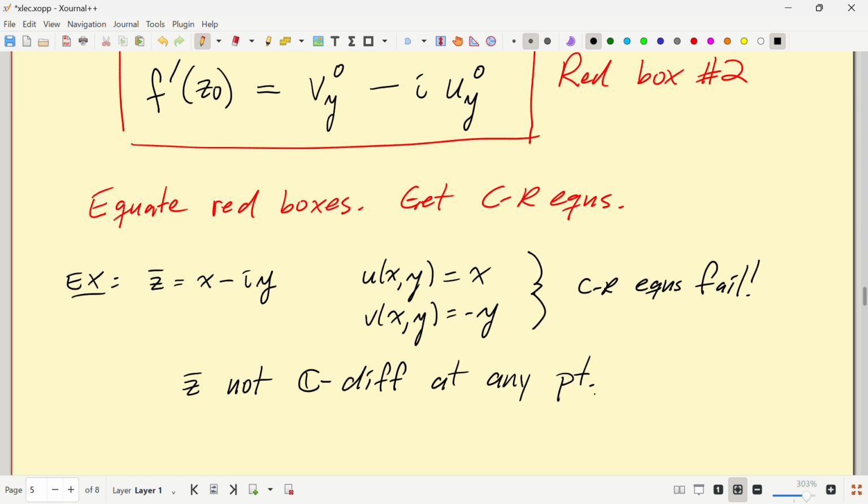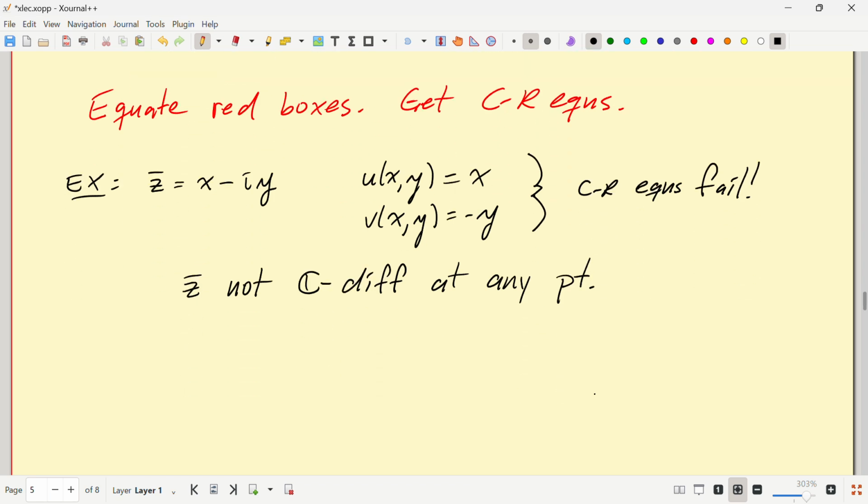Okay, now another exciting example. The complex exponential function that I mentioned last time. E of x plus i y is e to the x cosine y plus i e to the x sine y.